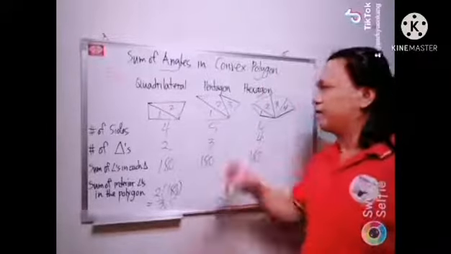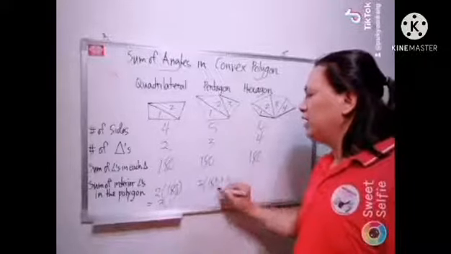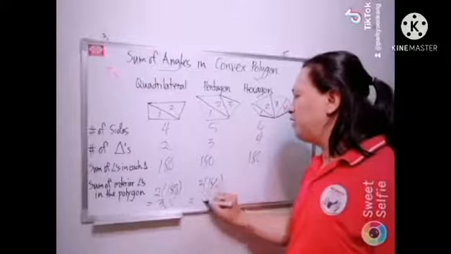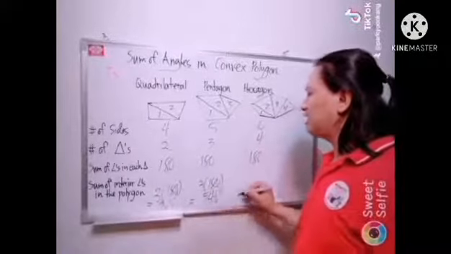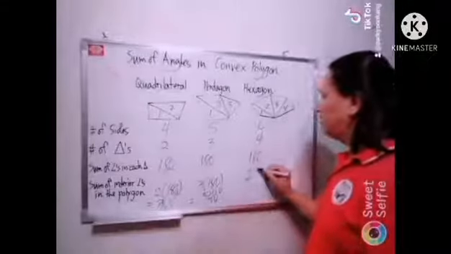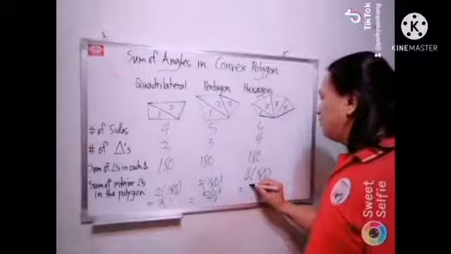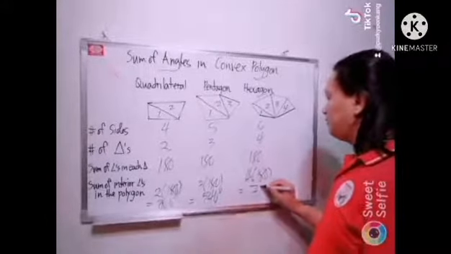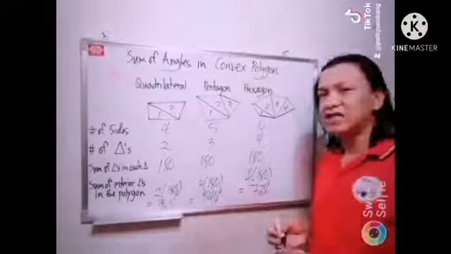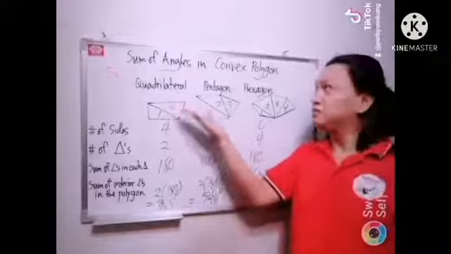For the pentagon, 3 times 180, and we have 540 degrees. For the hexagon, 4 times 180, we have 720 degrees. So this is the sum of the angles of the given polygons.